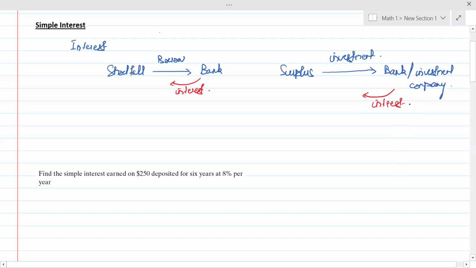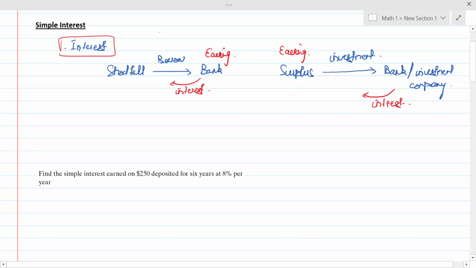So in the first case, the bank would be earning the interest, and in the second case, it's you who would be earning the interest. So these are the two ways where the concept of interest works.